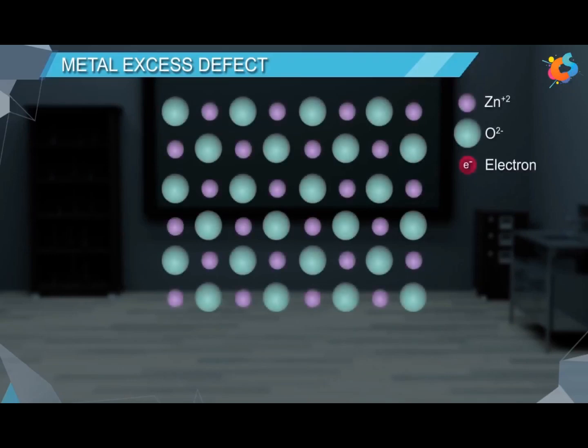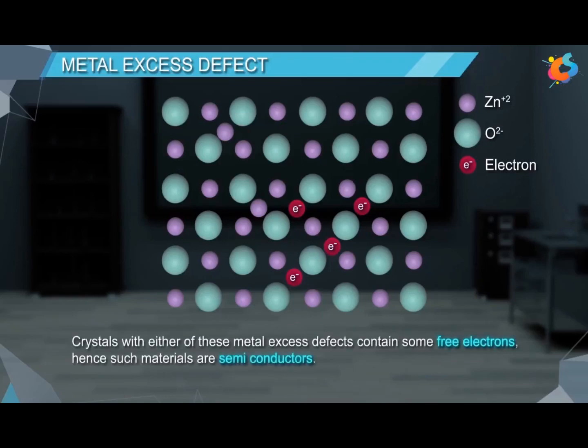The excess Zn2+ ions get trapped in the interstitial sites and the released electrons get trapped in neighboring interstitial sites and maintain the electrical neutrality. Crystals with either of these metal excess defects contain some free electrons. Hence, such materials are semiconductors.